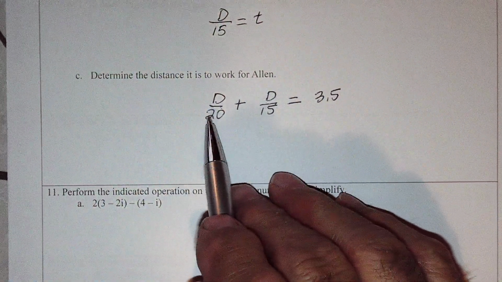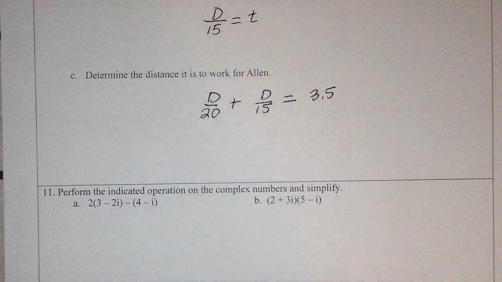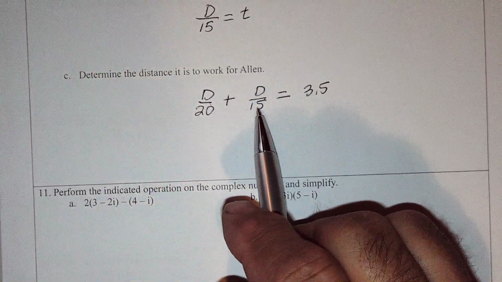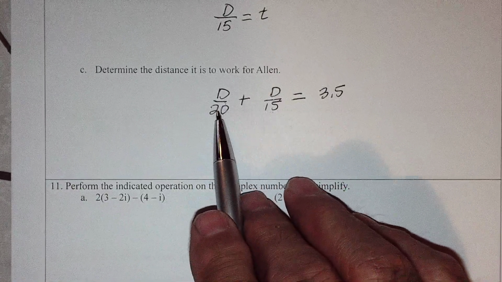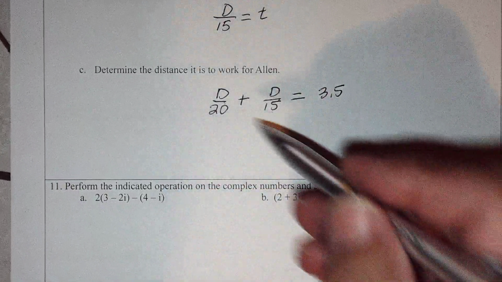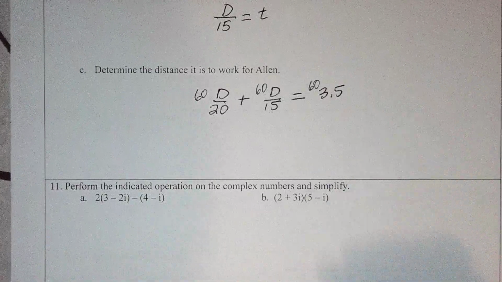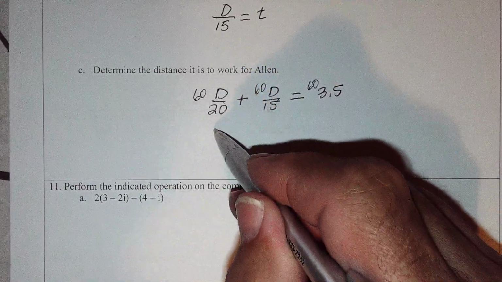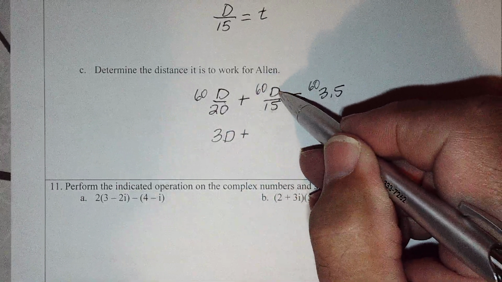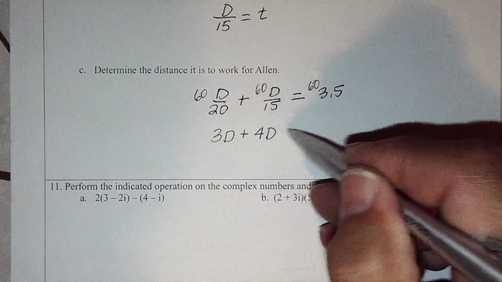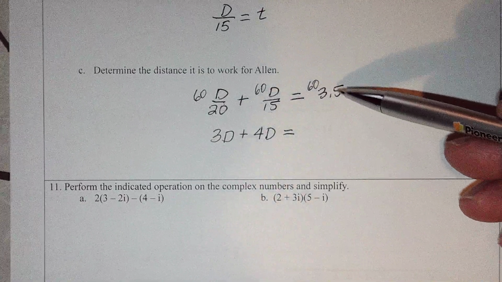So what's our common denominator? Let's see, 15 and 20 both go into 60, so I'm going to multiply everything by 60. 20 goes into 60 3 times, so we get 3 times the distance, plus 15 goes into 60 4 times, so I get 4 times the distance, equals 3.5 times 60.